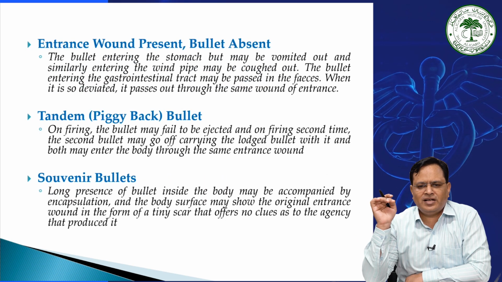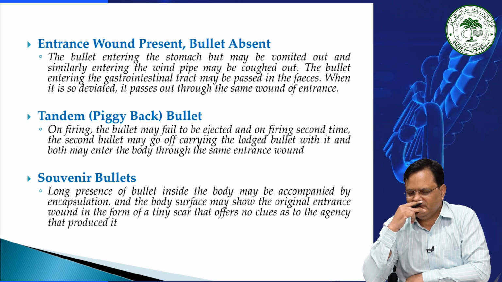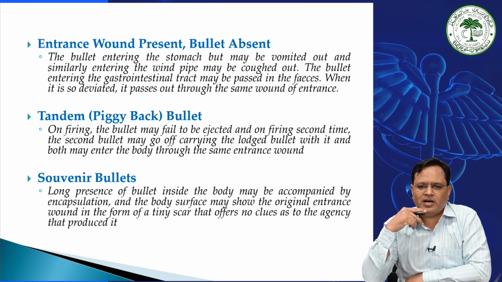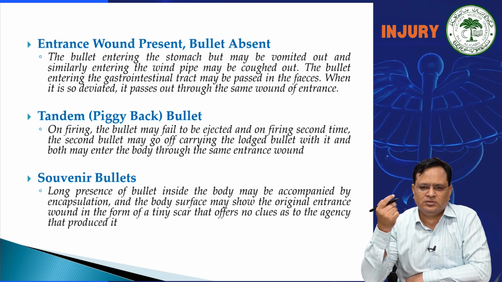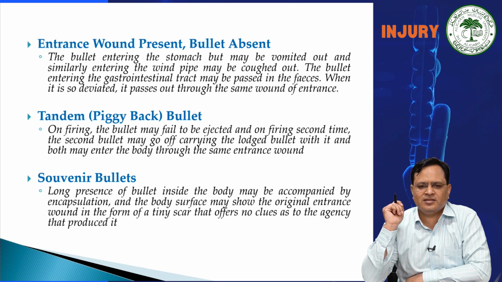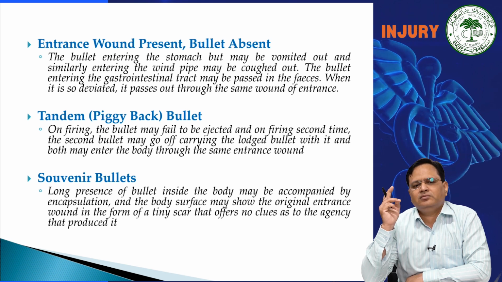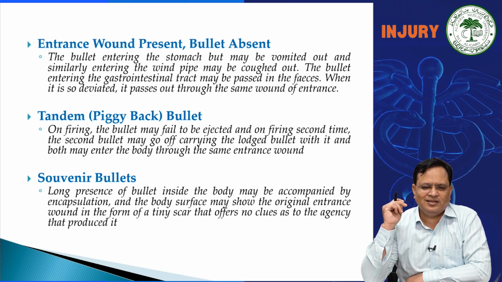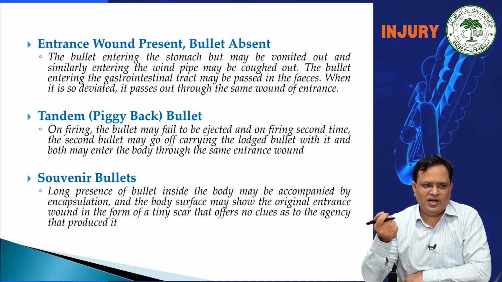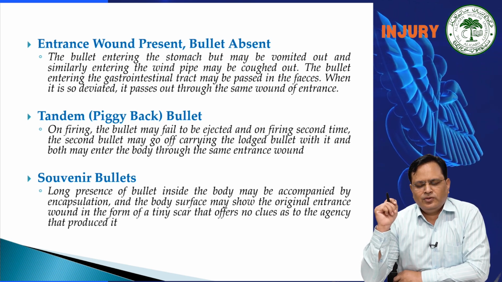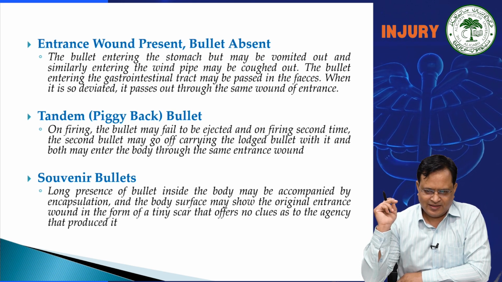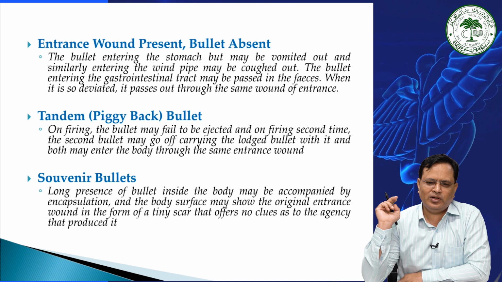Entrance wound present, bullet absent. This is the phenomenon. Sometimes the bullet enters the stomach but may be vomited out. The bullet entering the gastrointestinal tract may be passed in the feces. So various examples are there. Tandem or piggyback bullet: when the first bullet is lodged in the barrel and the second bullet is fired, both come out at the same time and can be present in the same wound.